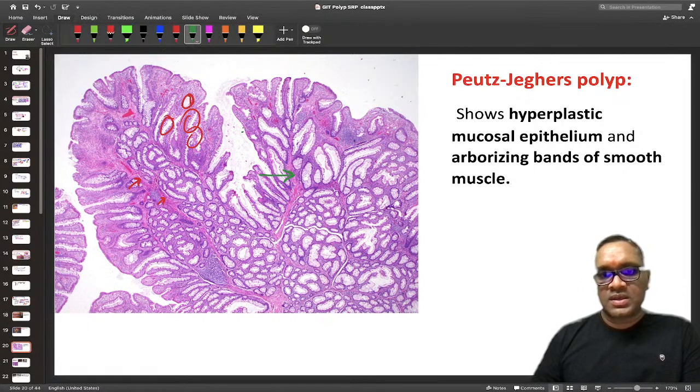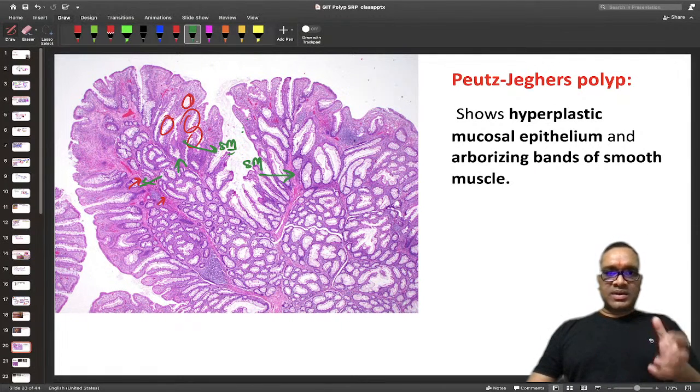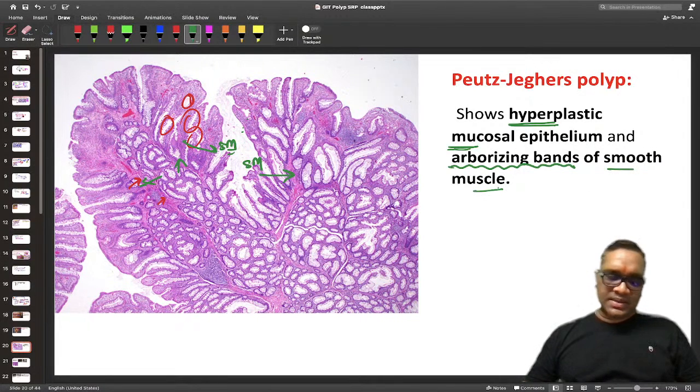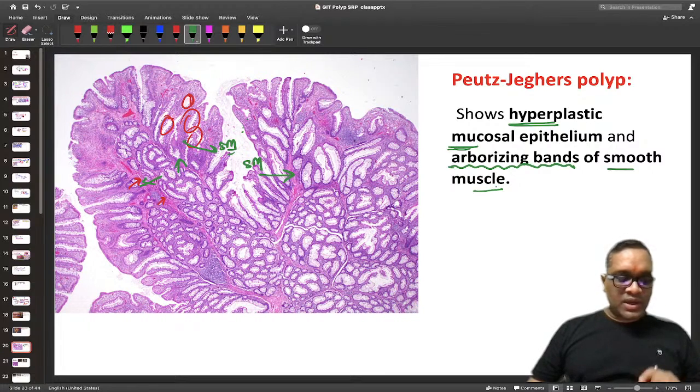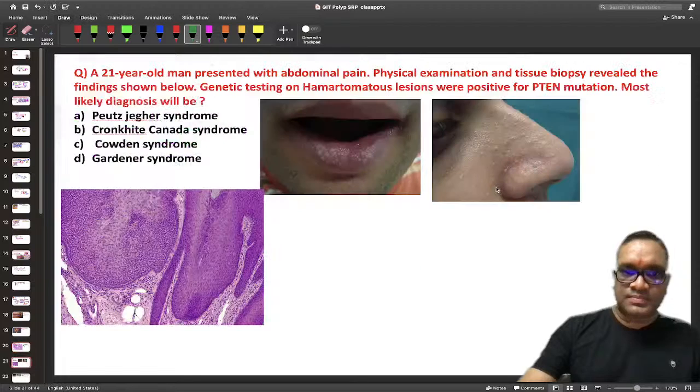These are the smooth muscles, and that is why overall it looks like a Christmas tree appearance. So there is hyperplastic mucosal epithelium and arborizing bands of smooth muscle. That is the arborization, and that will be Peutz-Jeghers syndrome, which has a loss of function mutation in the STK11 gene, right?